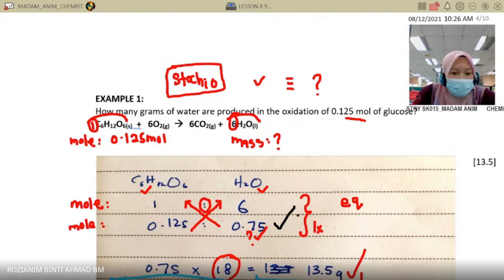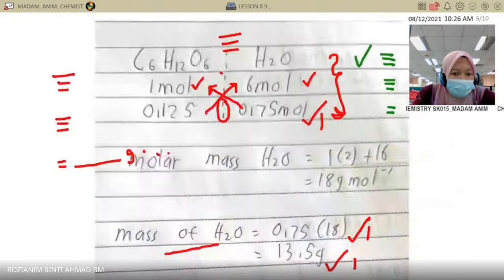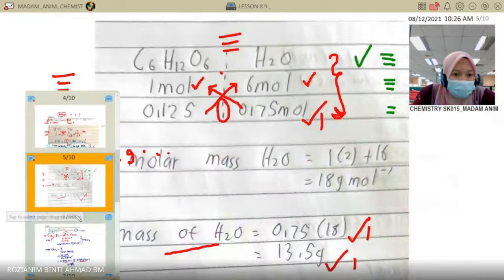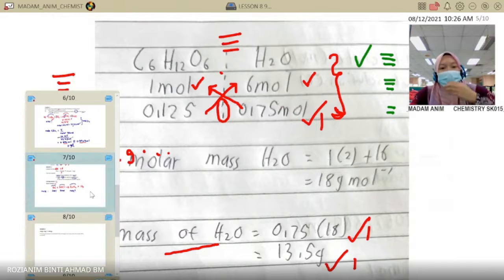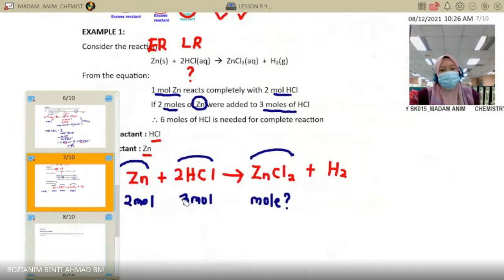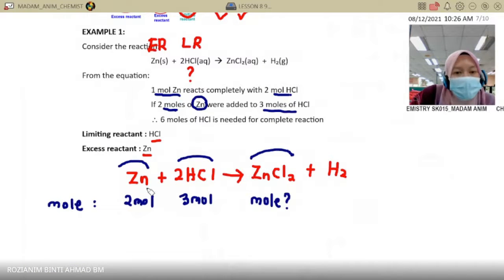Tetapi kalau kita belajar limiting reactant pula, kalau you belajar limiting reactant, dia bagi secara direct. Direct apa? Dua-dua the both data for the both reactant. So which one the reactant should be regarding as a reference to find out the mole of the product.